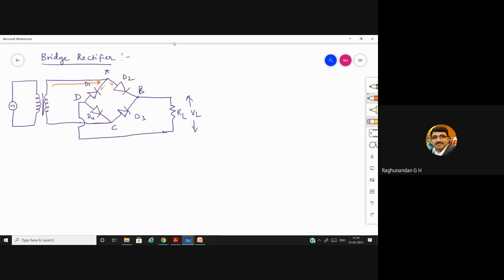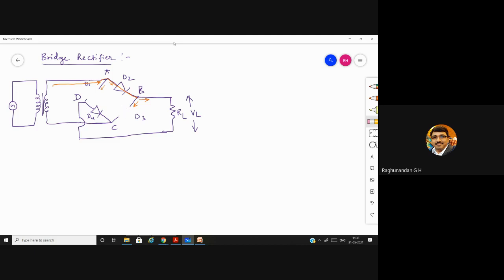So when the current comes in this direction, the diode will get reverse biased. So it gets open circuited, and the current is going to flow like this, and again it will come here. So there are 2 paths for the current, like this and this one. Again, what happens to this diode? This will get reverse biased.